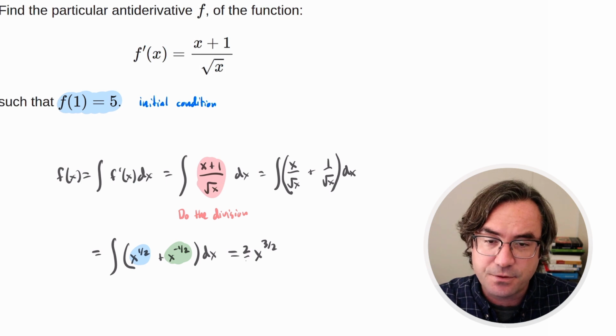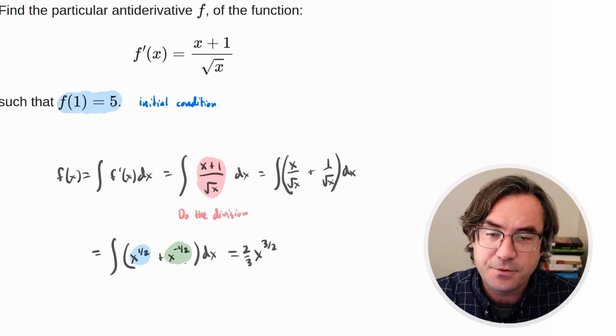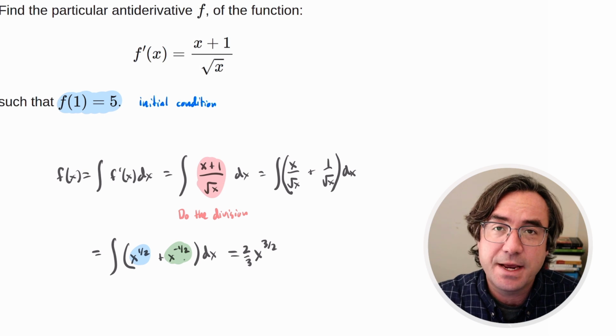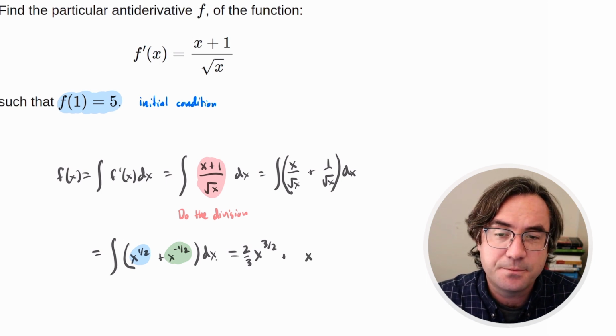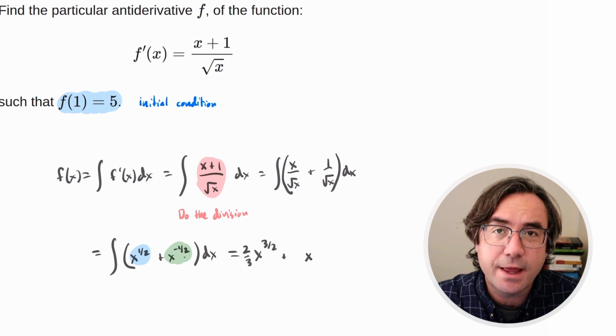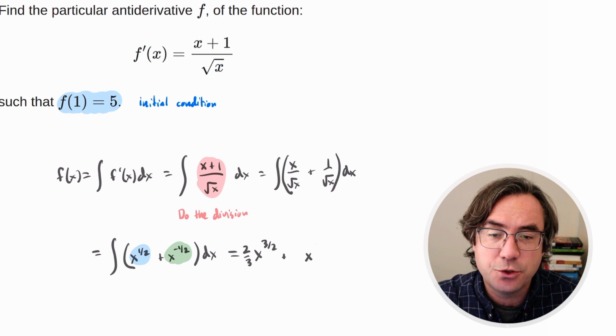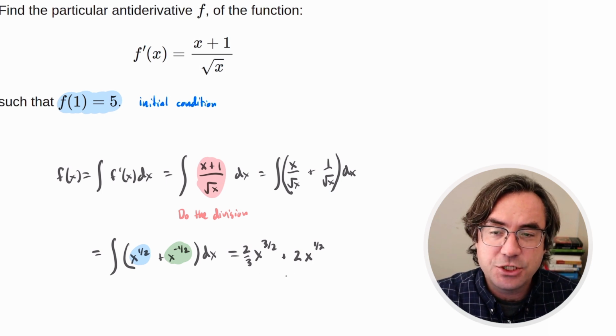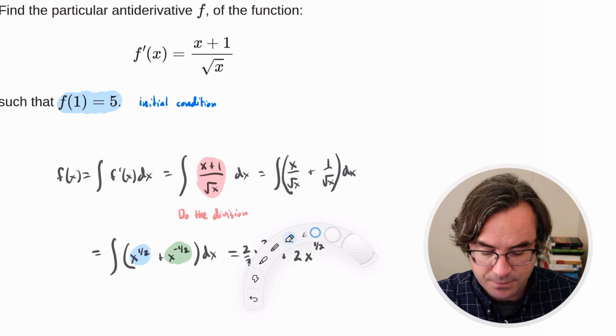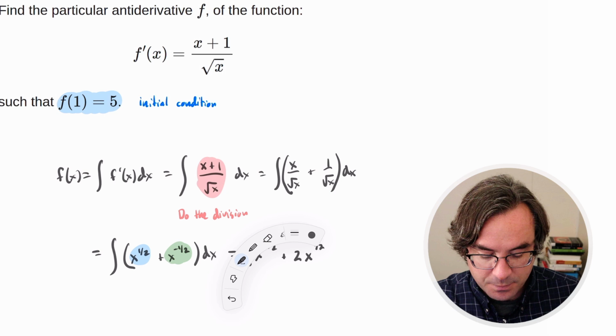So we'll have a 2/3 in front. And then we do the same thing for the x to the minus 1/2. The plus sign will stay in the middle. Our variable is x, so we write that down. We add 1 to that old exponent, so that bumps us up to positive 1/2. We take that new exponent and flip it, so we have 2/1 in front, or just 2. And then as usual, whenever we find a general antiderivative, we put plus c at the end.